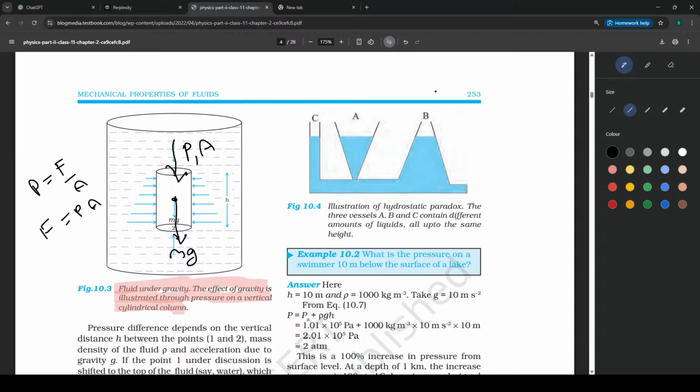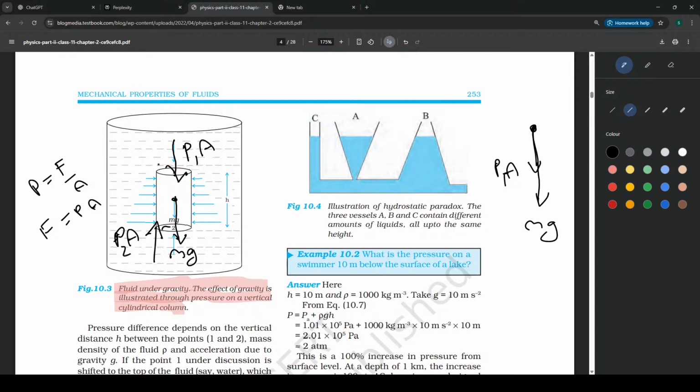Now if we draw a free body diagram, this is the particle. There are two forces acting downward, that is mg as well as the total average force due to pressure, P1A. There are also forces acting upward, and these forces are also due to pressure, the pressure on the second surface times its area.